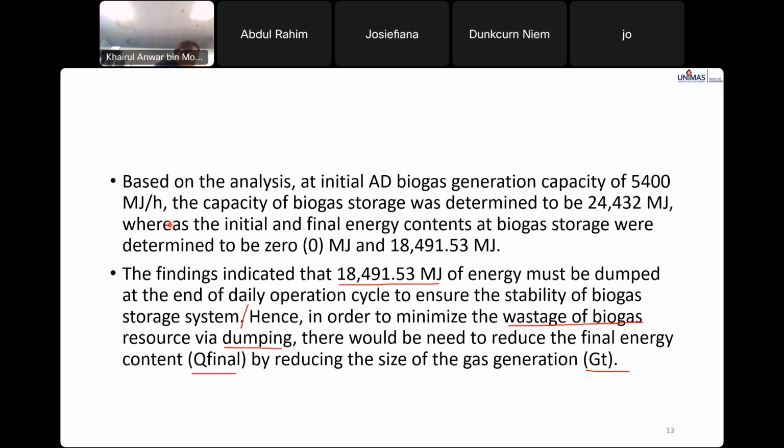Whereas the initial and final energy content at biogas storage were determined to be 0 and 18,481 respectively.